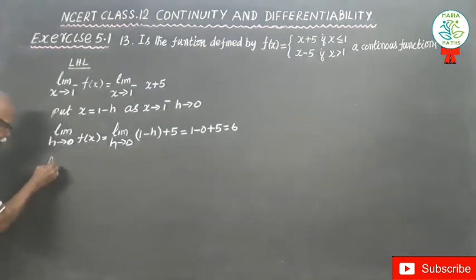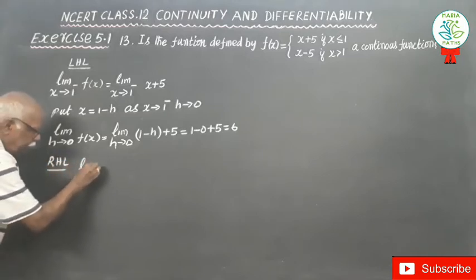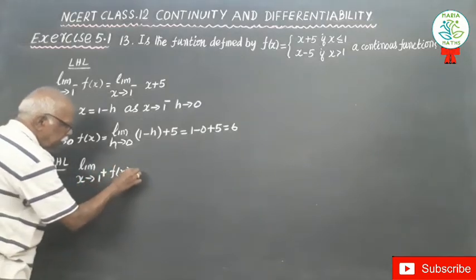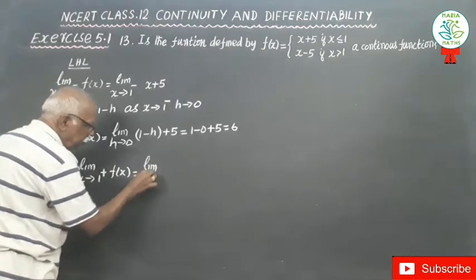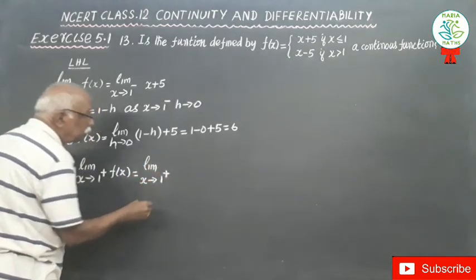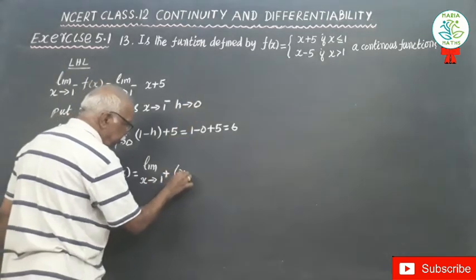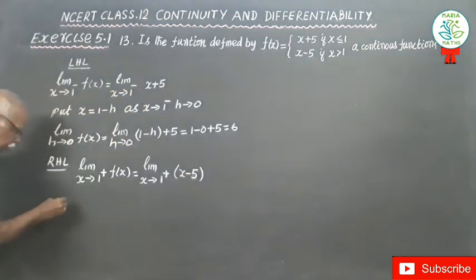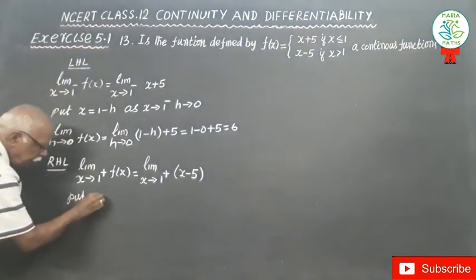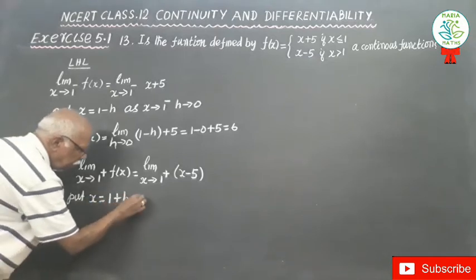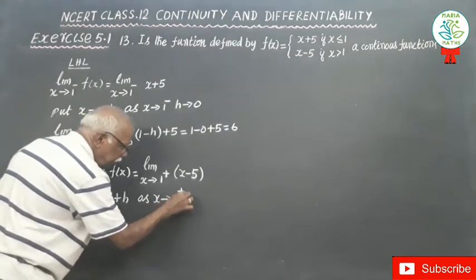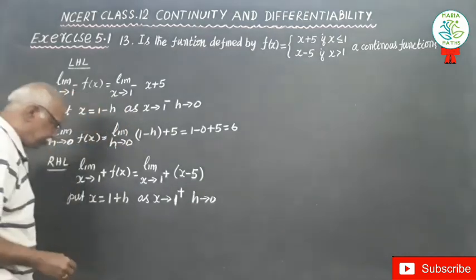RHL. Limit x tends to 1 plus f of x is equal to limit x tends to 1 plus, greater than 1, x minus 5. Put x is equal to 1 plus h, as x tends to 1 plus, h tends to 0.